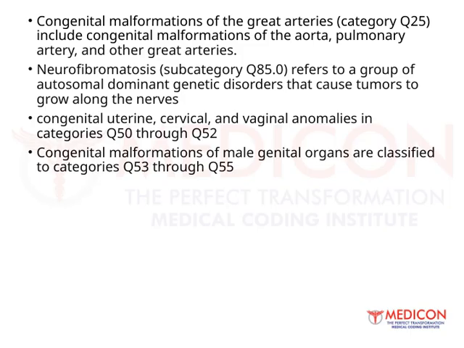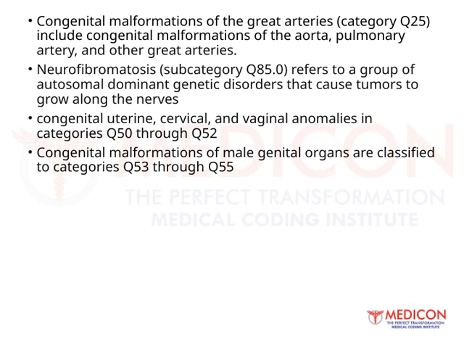Moving on, neurofibromatosis, specifically under subcategory Q85.0, is a group of genetic disorders inherited in an autosomal dominant fashion. What's important here is that these disorders lead to tumors developing along nerves, which can cause a range of neurological and physical symptoms. Understanding this connection is crucial for diagnosing and managing these conditions effectively.